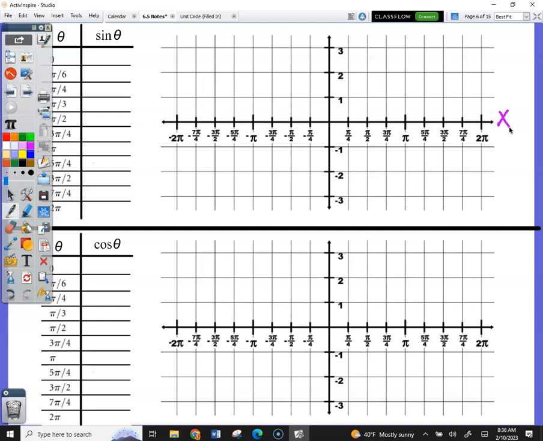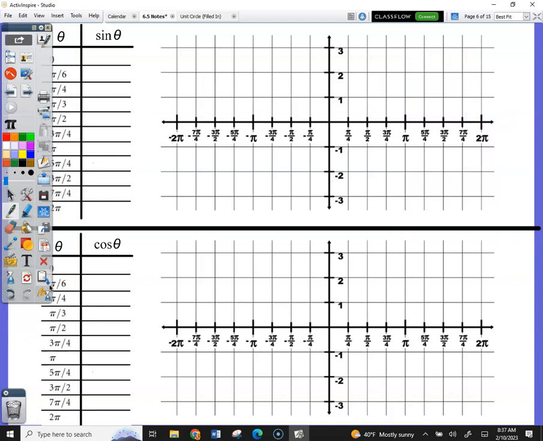So for instance, anything right here, don't write that. Anything that falls right here is the result of rotating one complete time around, right? 2 pi. Anything that falls right here would be the result of rotating only half, the 1 pi. Does that make sense?